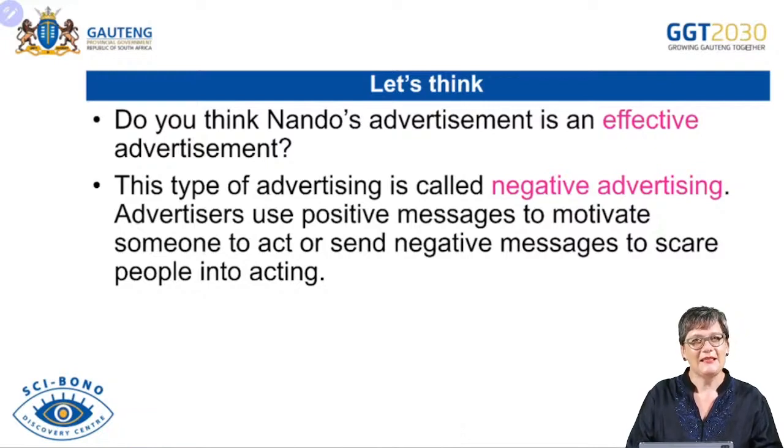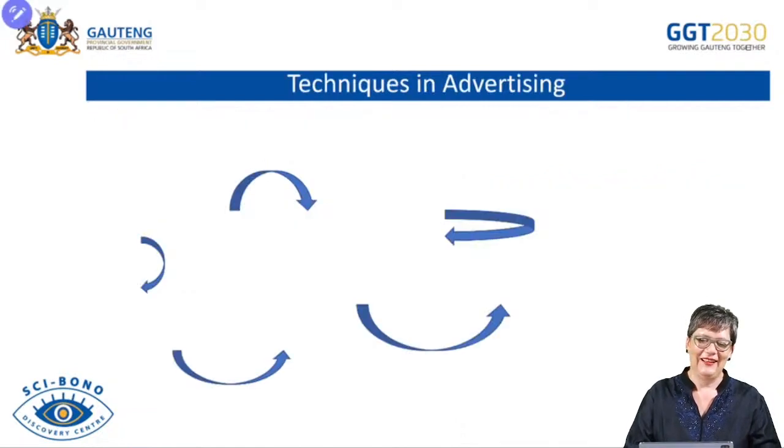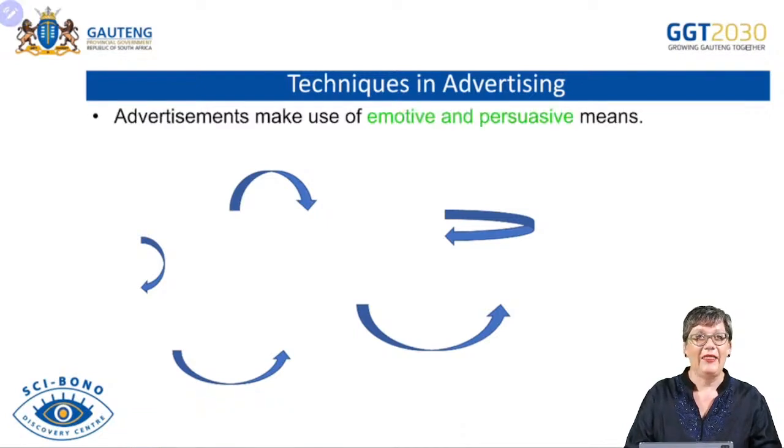So the next time you sit in front of a television watching an advertisement, think carefully, what are they trying to sell? Now, there are a number of techniques in advertising that you have to be aware of, and they're going to use all kinds of ways to persuade you to buy their product, and they love playing on your emotions.